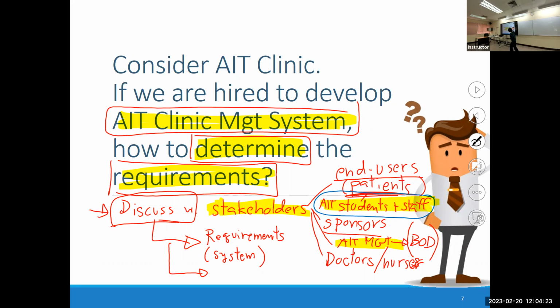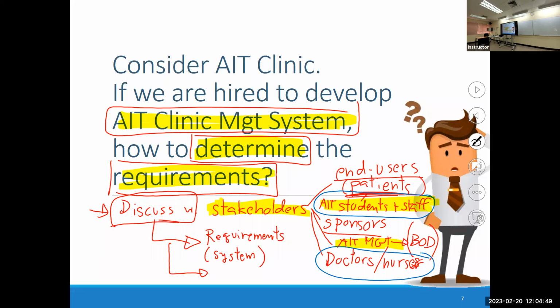Do you think AIT staff and students and also doctors and nurses, do they want the same thing? No. They have different functionality requirements, right? Students may want, what do you want as a student for AIT clinic? Make an appointment. What else do you want?